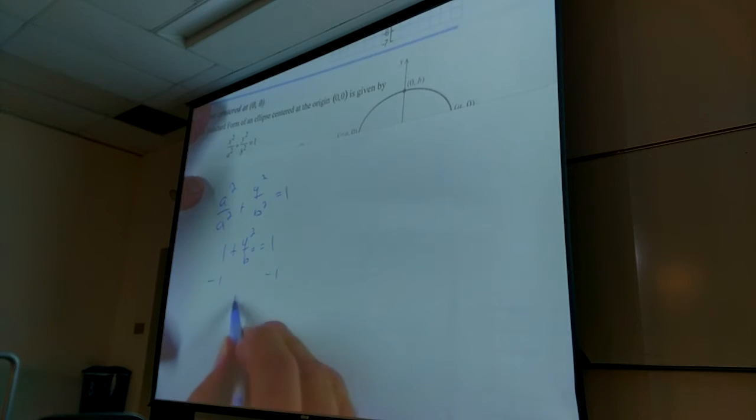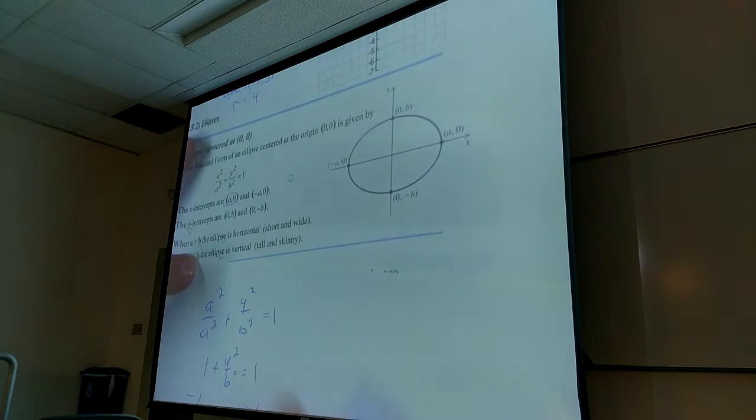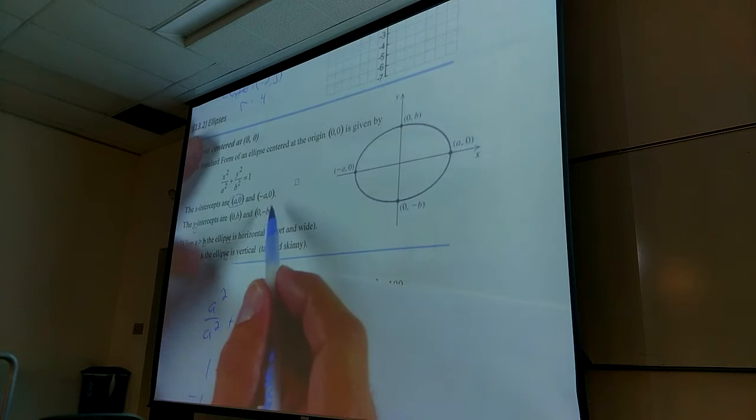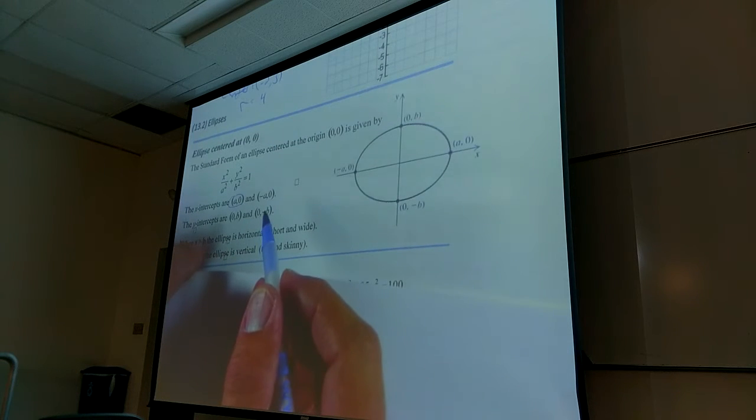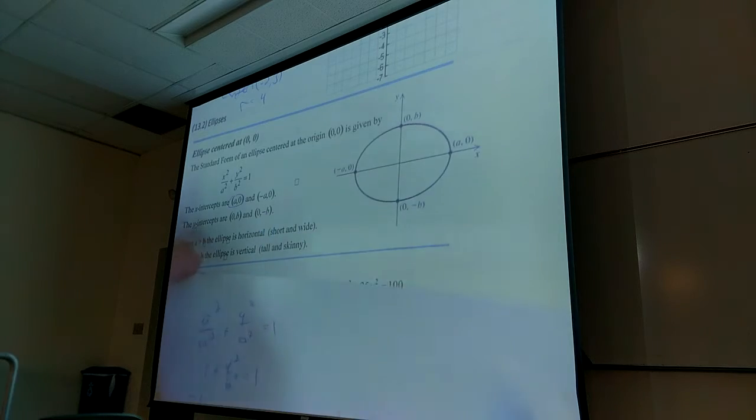Subtract 1, subtract 1. I get Y squared over B squared equals 0. What's the only way that could happen? If Y is 0. So that's where A, 0 comes from. And the same thing would happen if I plug in negative A. You guys see that?